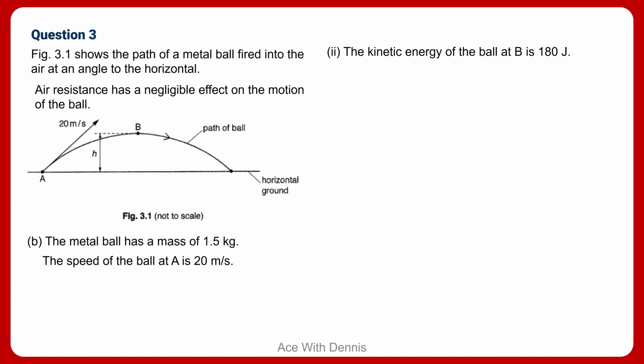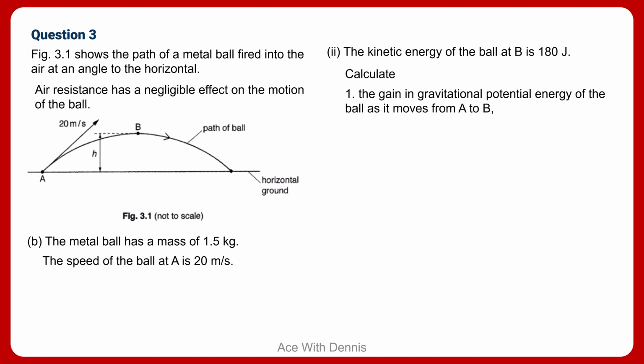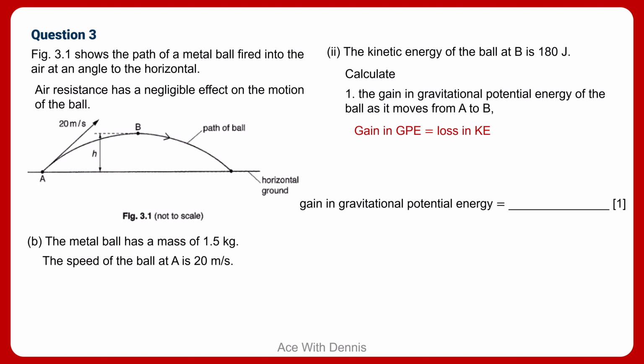Part 2. The kinetic energy of the ball at B is 180 joules. Calculate 1. The gain in gravitational potential energy of the ball as it moves from A to B. 1 mark. Okay, so to get the gain in gravitational potential energy, it is equal to the loss in KE.